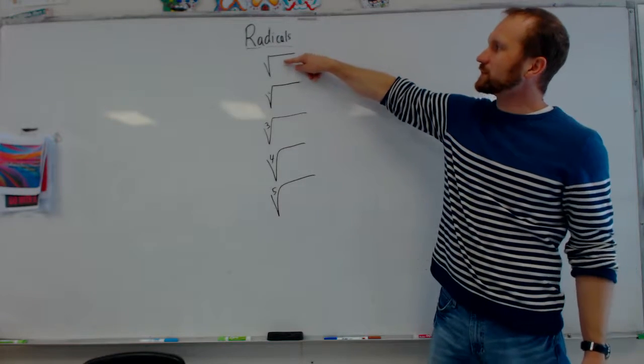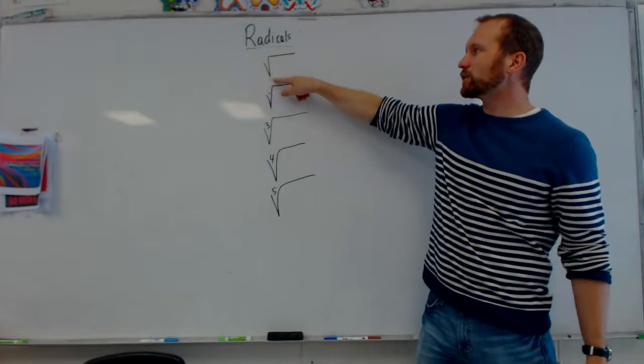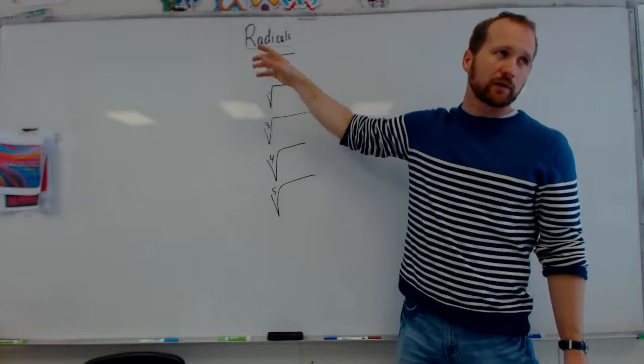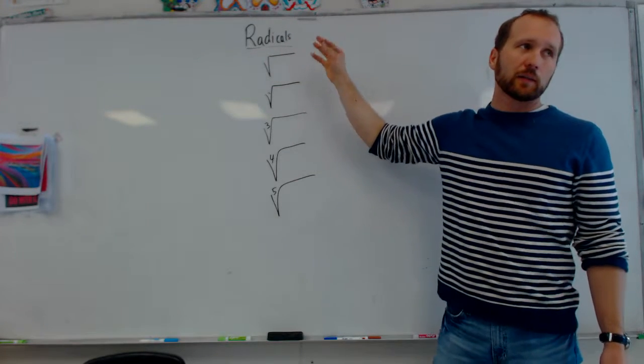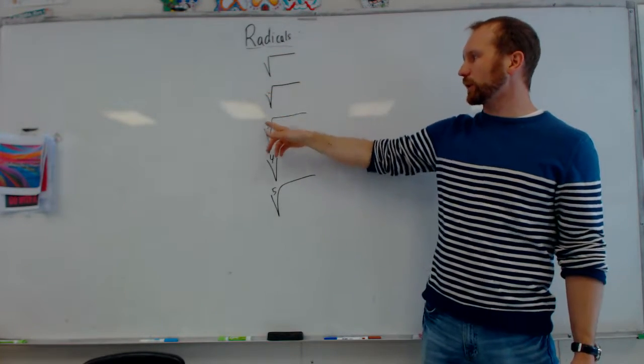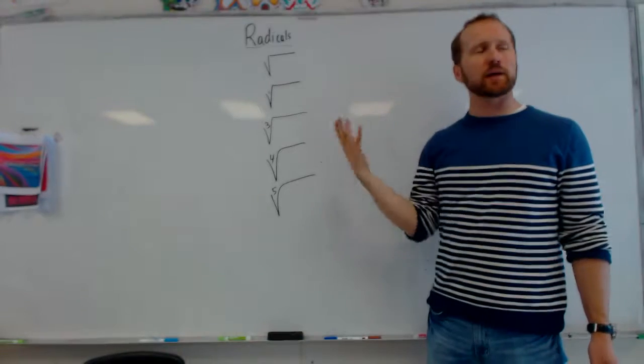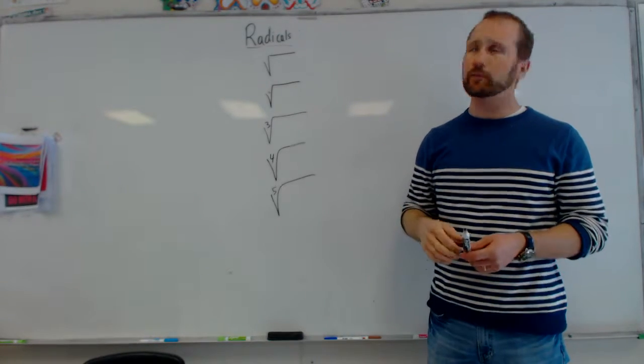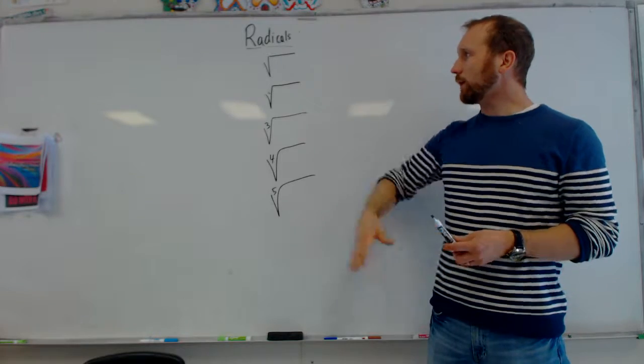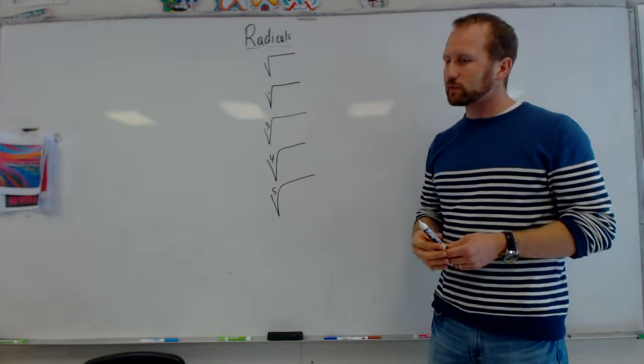So this, by convention, is a square root if there's not a number there. But you can actually put a little number in here to indicate something other than a square root. Right? And all of these together are called radicals.